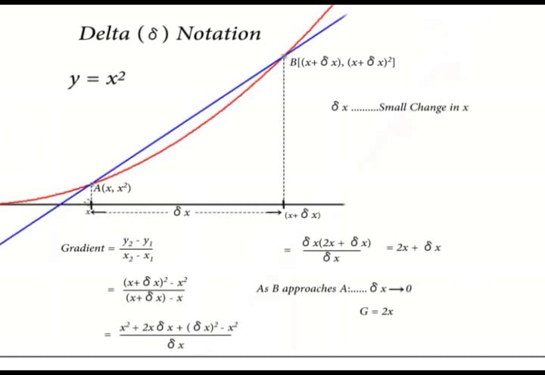This process of obtaining the gradient function is called differentiation of x squared with respect to x. The gradient function is called the derivative. When delta x approaches 0, delta y over delta x becomes dy over dx, where dy over dx means the derivative of y with respect to x.